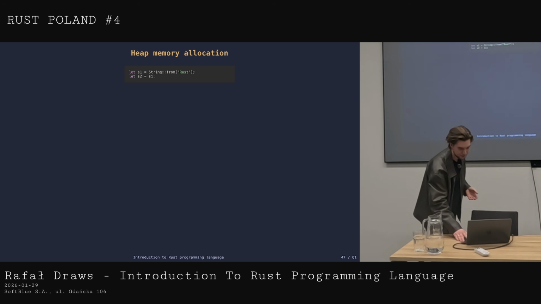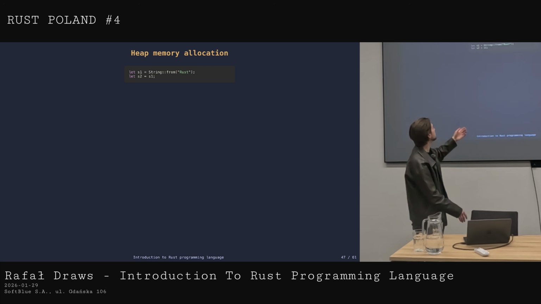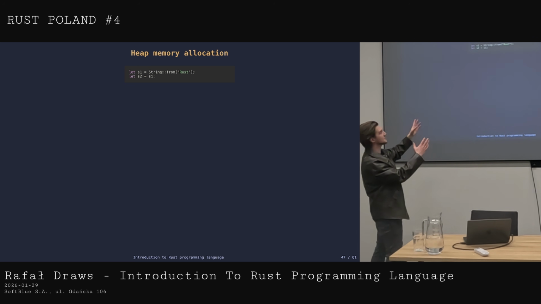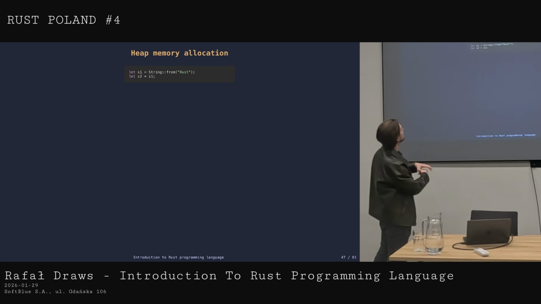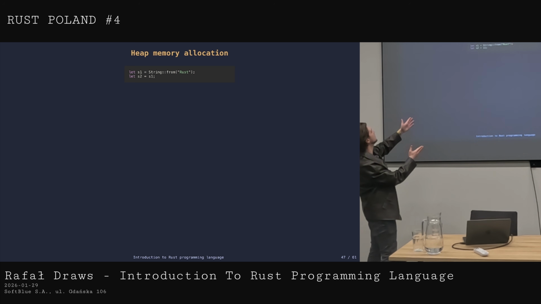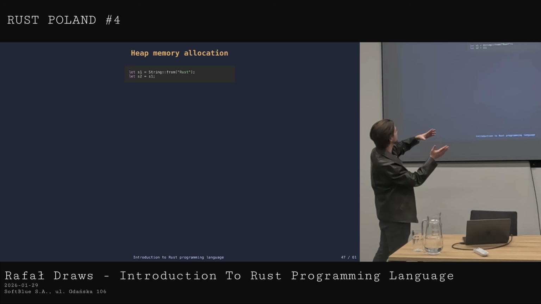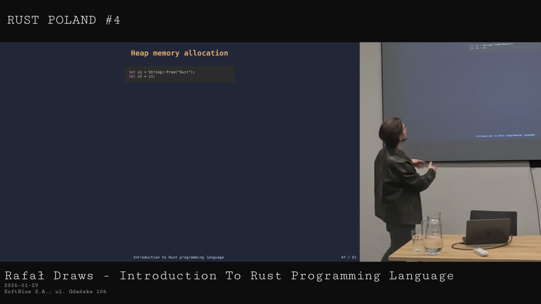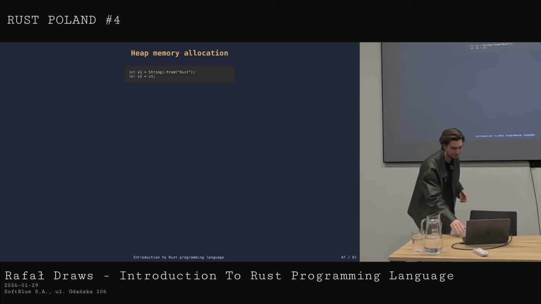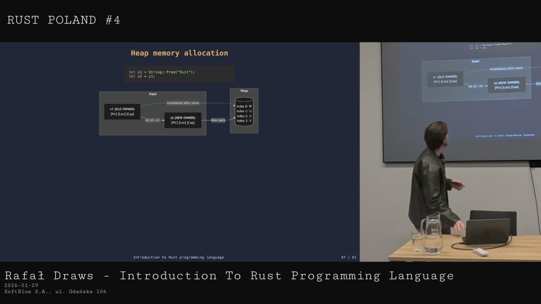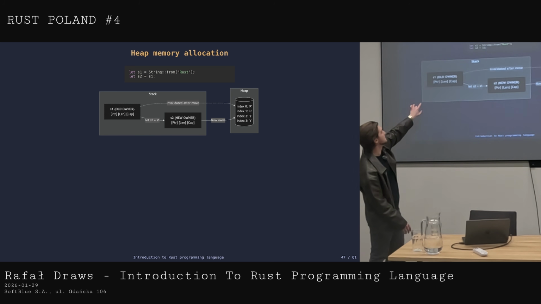How does it work for heap memory? So we create a String from a string slice, "Rust", and we assign the value and data from S1 to variable S2. Well, we have a pointer on the stack.